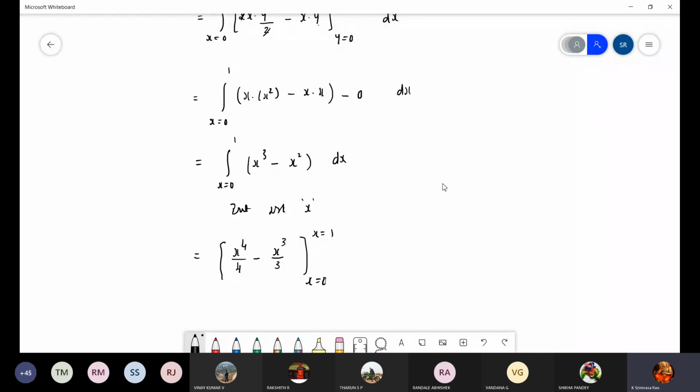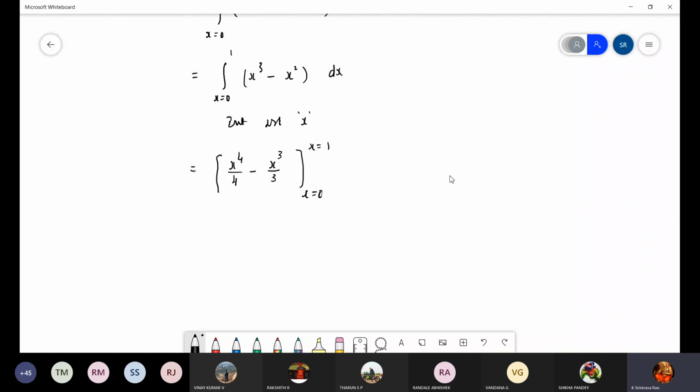As usual, only the upper limit matters: you will get 1/4 minus 1/3. The lower limit is 0 because both terms involve x. What is 1/4 minus 1/3? Take the LCM, 12: 3 minus 4, which is minus 1/12.